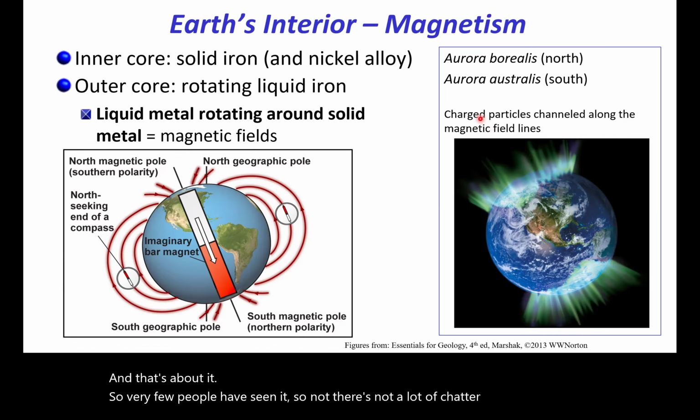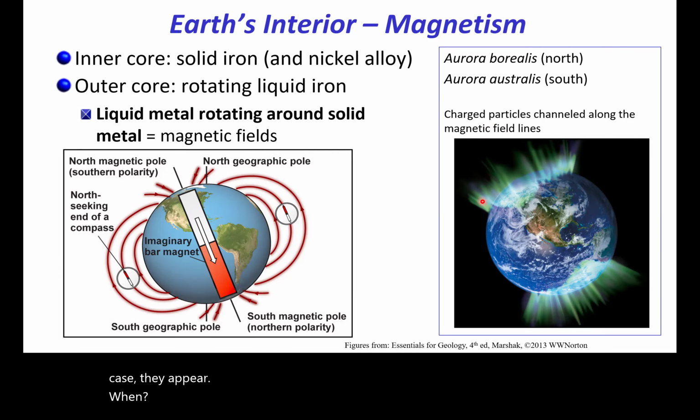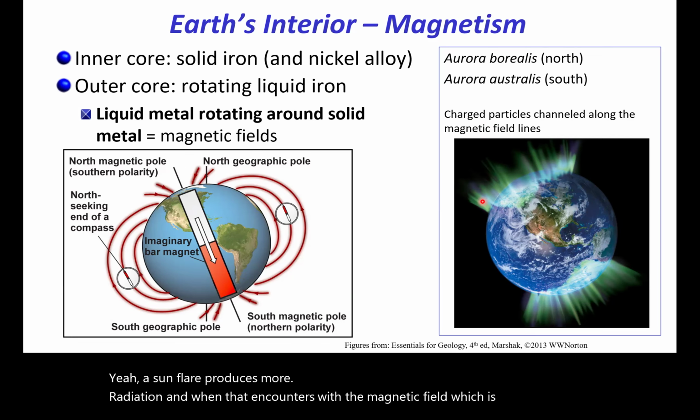In any case, they appear when there's a flare and an increase in solar radiation. So, yeah, a sun flare produces more radiation. And when that encounters the magnetic field, which is charged particles, it emits light.